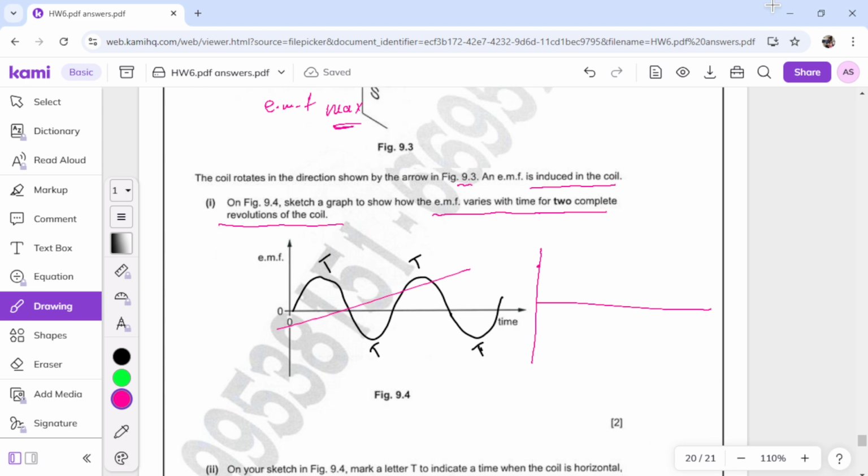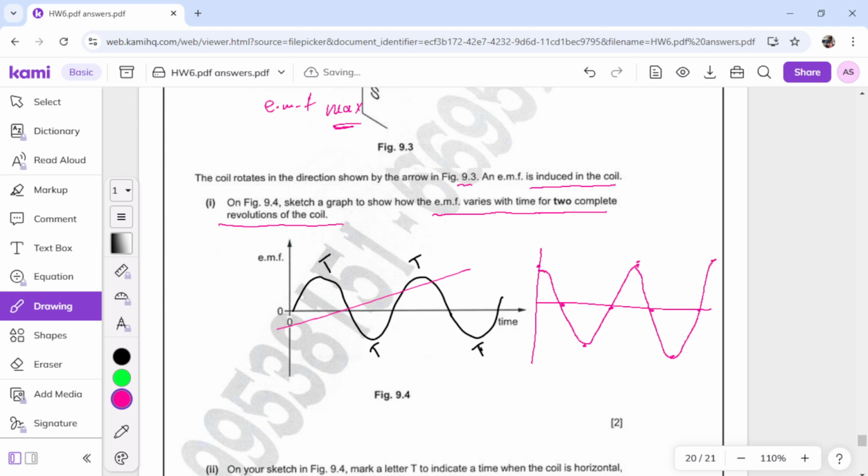So maximum, 0, maximum negative, 0, maximum. This is 1. Next, from maximum to 0, maximum negative, 0, maximum again. So this will be the second one.